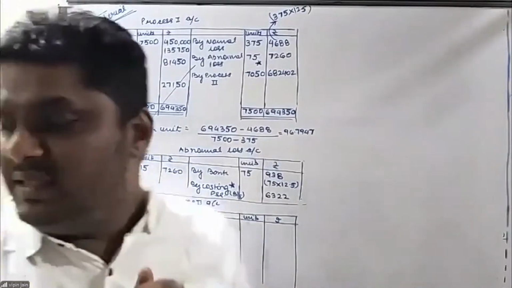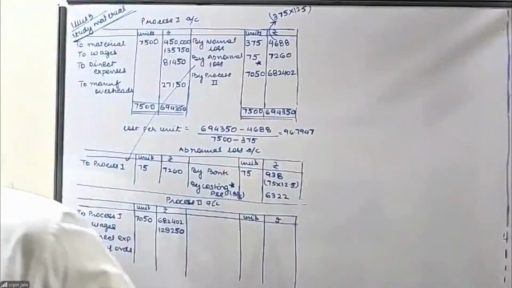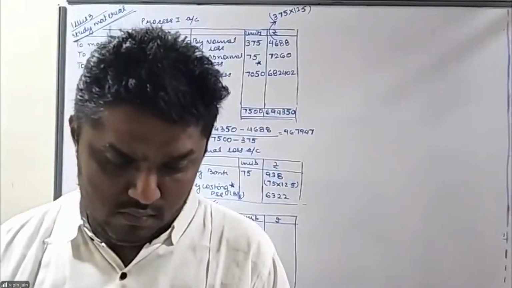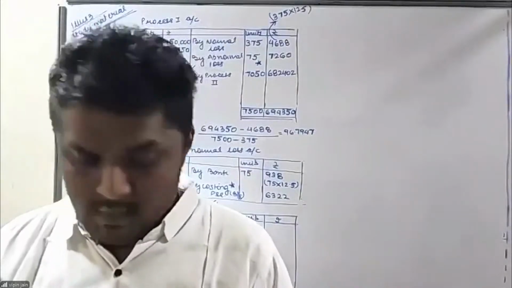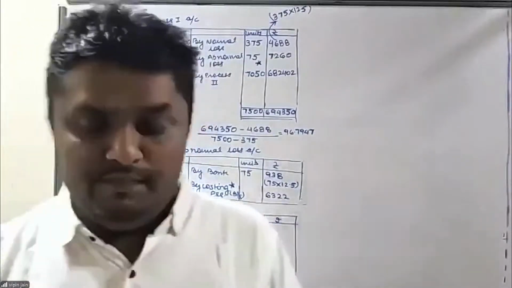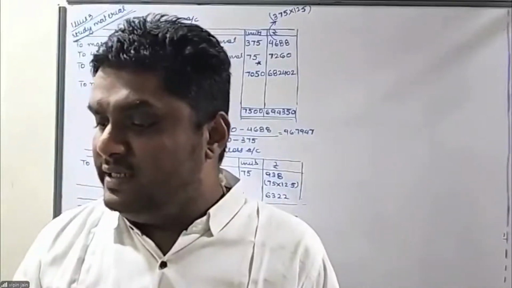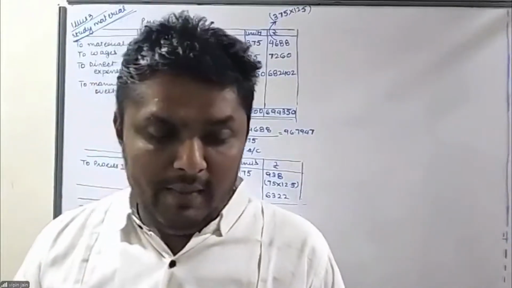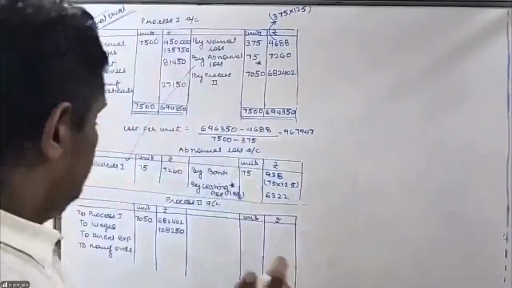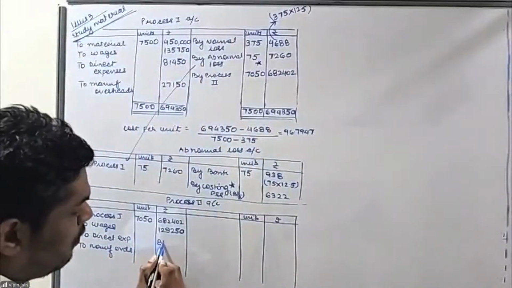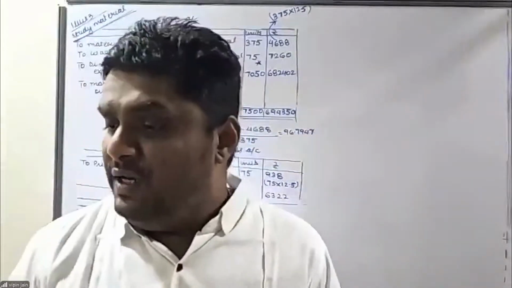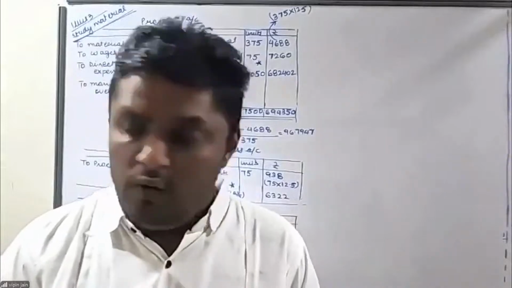Now to direct expenses and manufacturing overheads. 65% of the direct wages are my direct expenses. So 84013. Further, 15% of the direct wages are my manufacturing overhead.